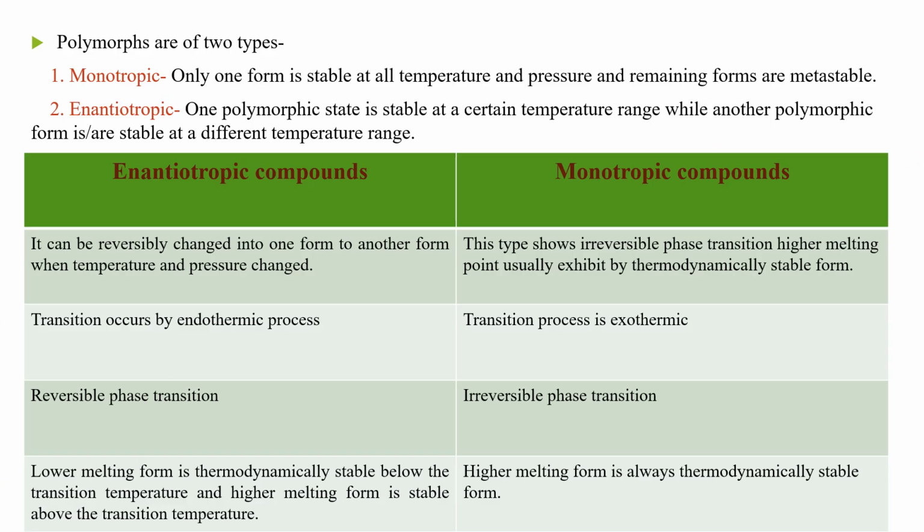Now come to the different types of polymorphs. Polymorphs are basically of two types, the monotropic compounds and the enantiotropic compounds.